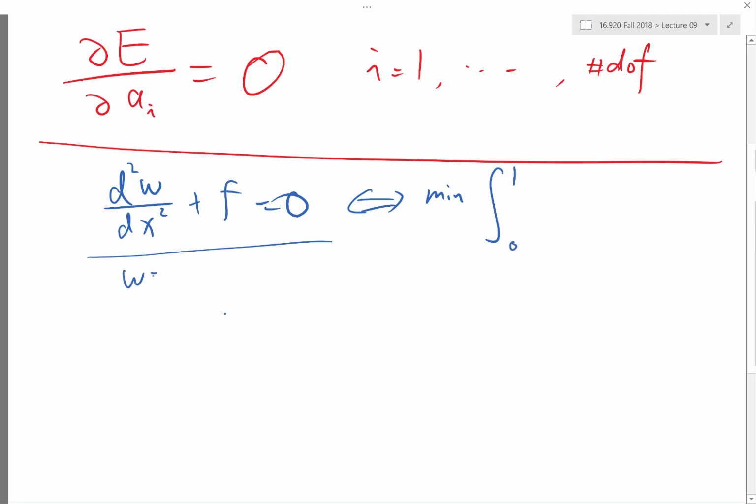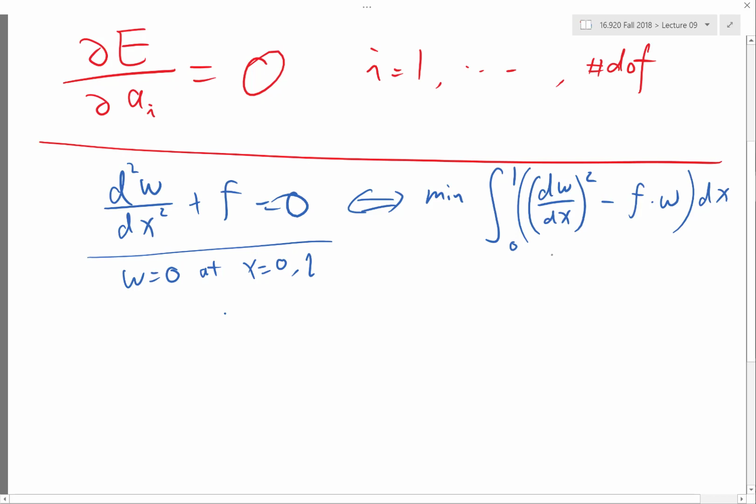Let's say w equals 0 at x equals 0 or 1. If I have this boundary condition and the Poisson's equation, it is equivalent to minimizing the integral of (dw/dx) squared minus f times w dx.